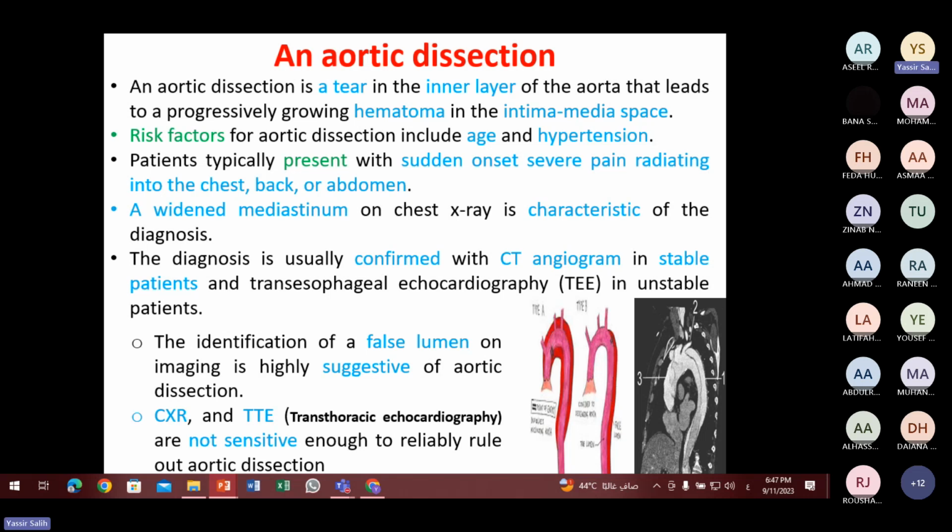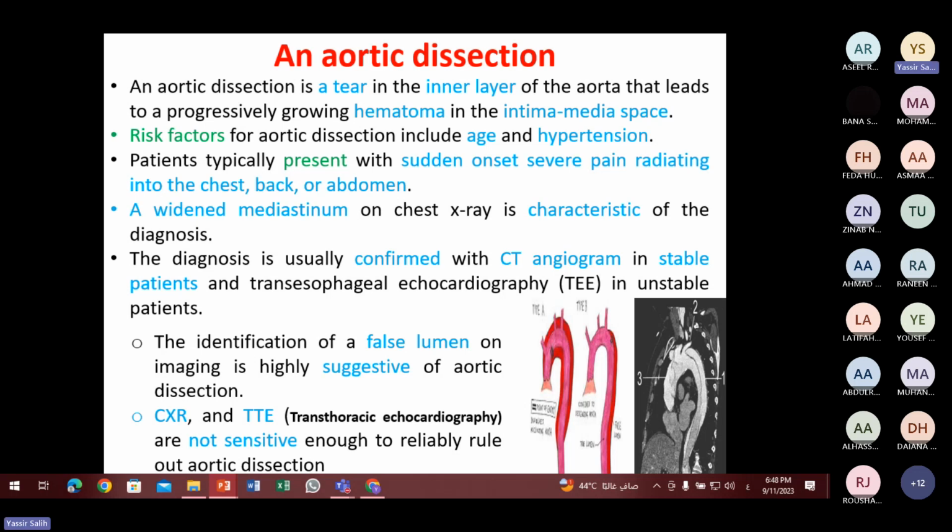The risk factors for this condition: the patient is usually elderly with hypertension, and presents with severe sudden onset pain radiating to the chest and back or abdomen. On chest X-ray you find widening of the mediastinum, because the blood is in the false lumen.